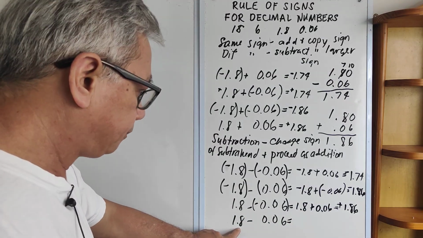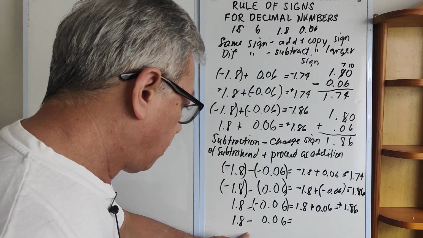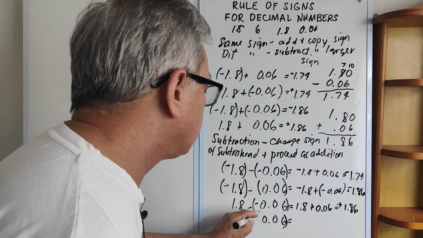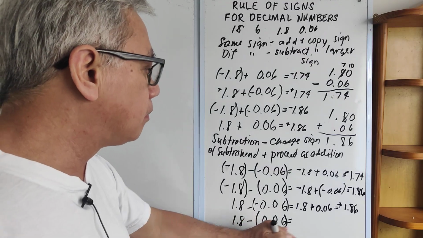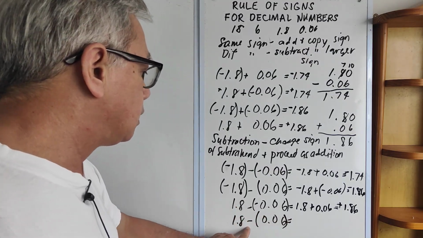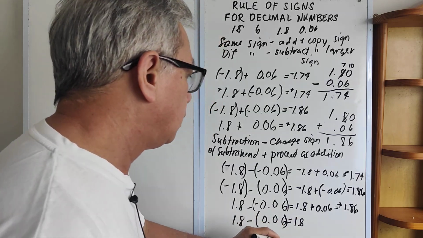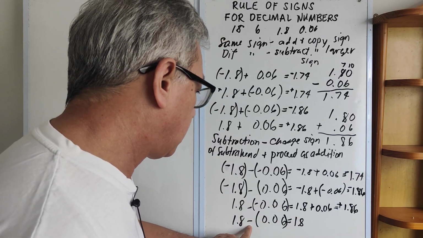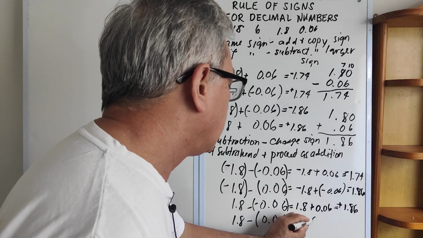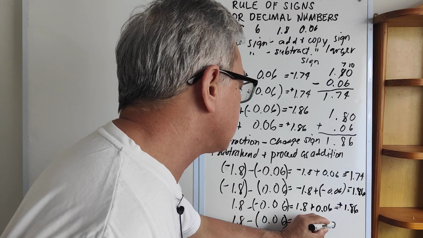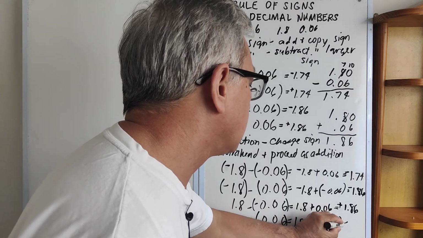In here, 1.8 minus 0.06, so this is positive. It will become negative when we rewrite, and this will become addition. So 1.8, and then becomes addition, and then this one becomes negative, so negative 0.06.